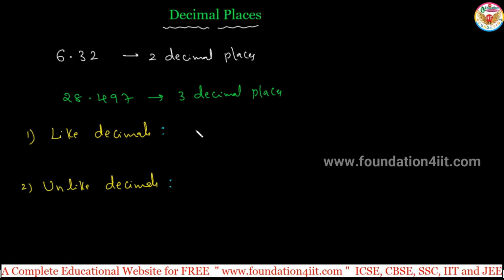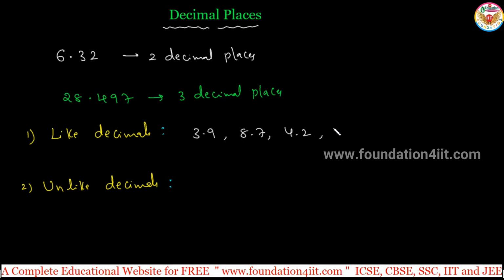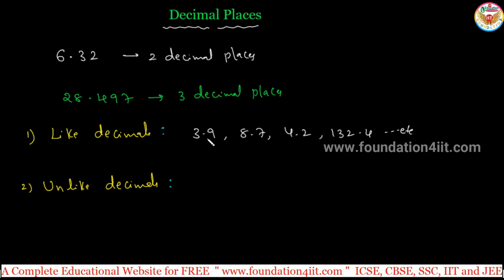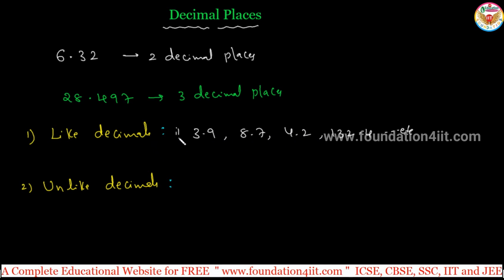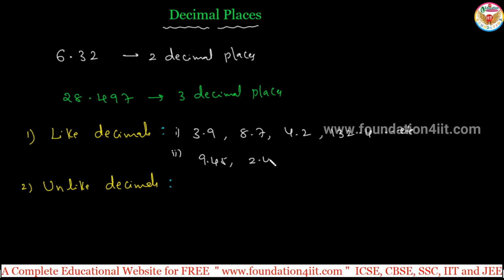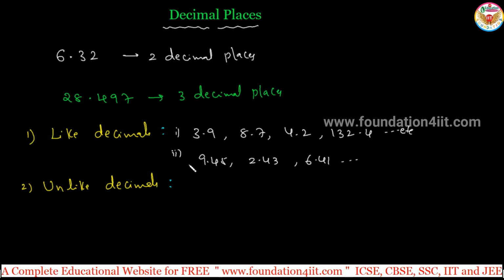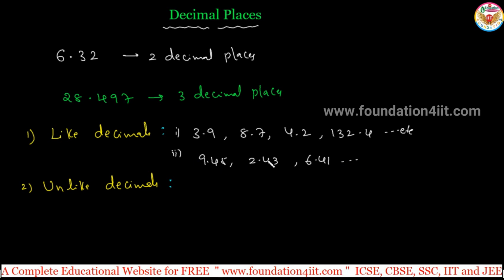For example, 3.9, 8.7, 4.2, 132.4. After the point there is an equal number of figures, only one, so one decimal place. So these are all like decimals. Take 2 others, 9.45, 2.43, 6.41, and so on. These examples come under like decimals. Decimals having the same number of decimal places are called like decimals.